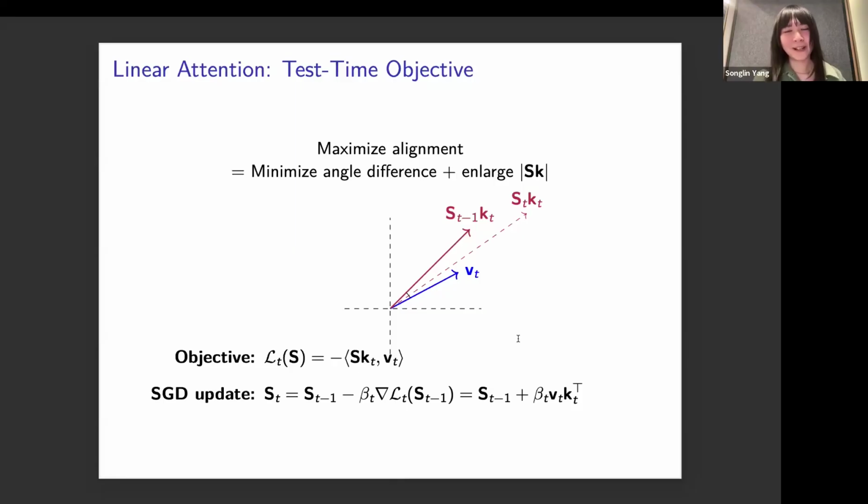From my understanding, in traditional transformers there is a key value cache to use. But in linear attention or other recurrent models, we do not have direct access to the key value cache. However, we still want some information from the previous key value pairs, which we can also call a key value association.